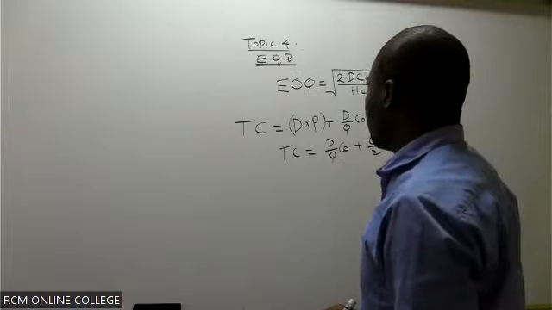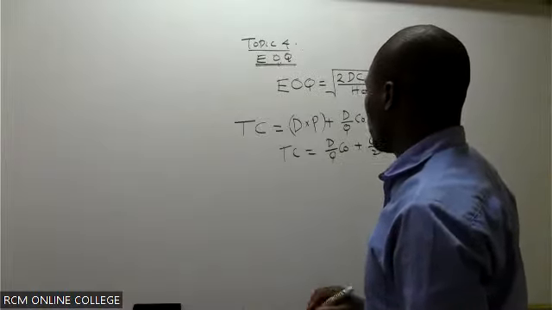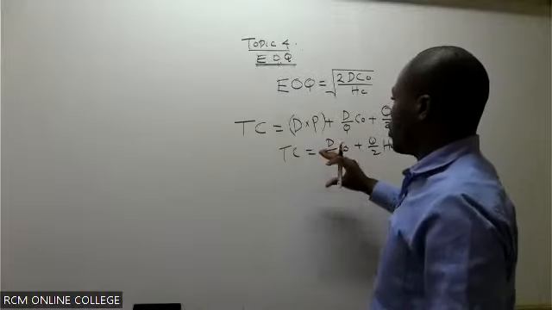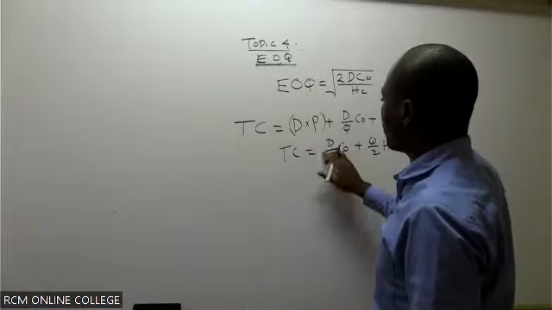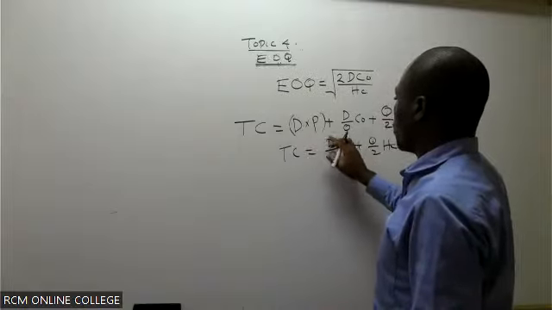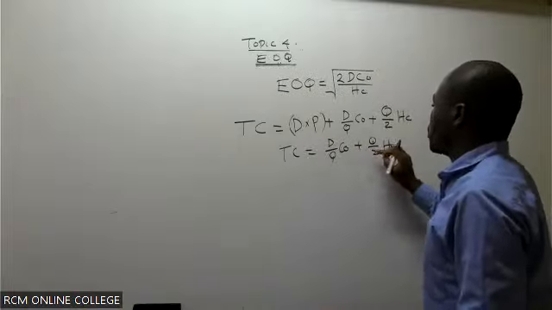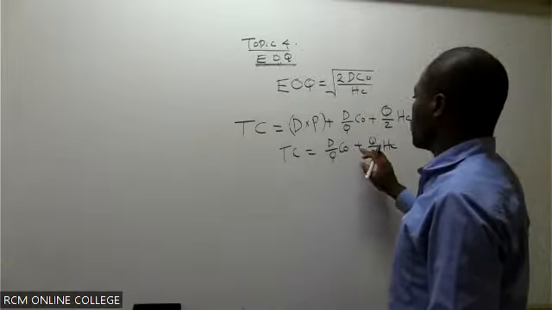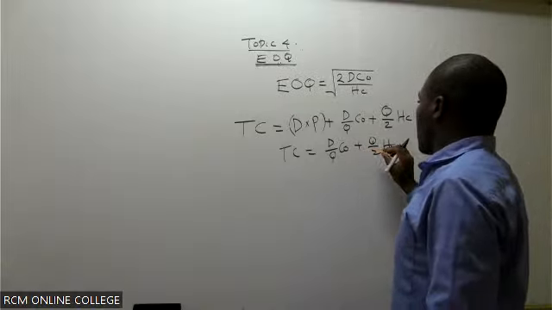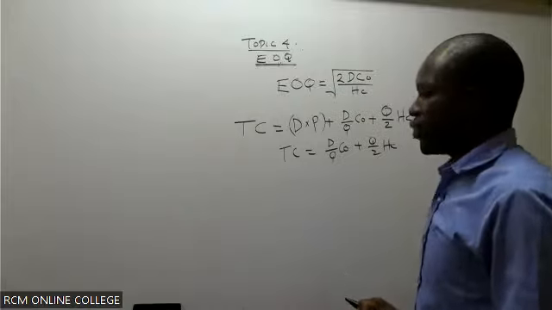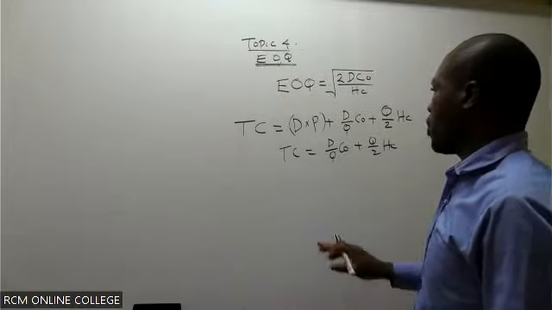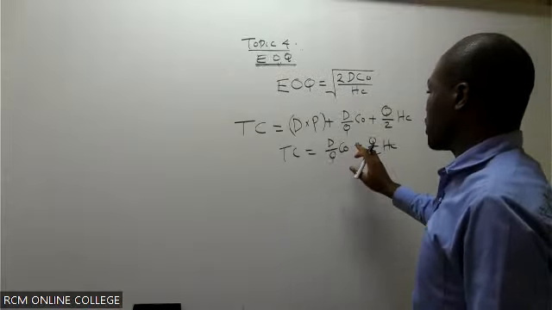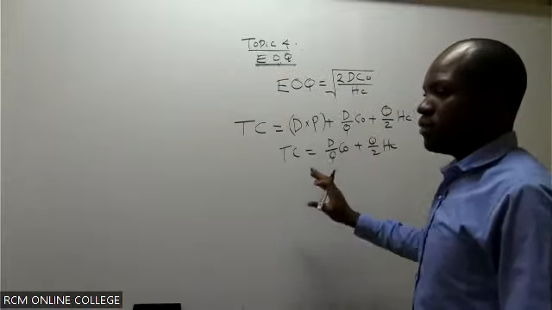Again, equilibrium will be realized at that point where our total ordering cost is equivalent to total holding cost.